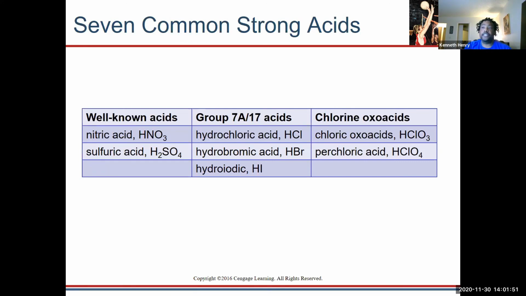So nitrous acid is going to be a weak acid. Sulfurous acid, weak acid. Chlorous acid, weak acid. Bromous acid, weak acid. Okay, so OUS makes it weaker.